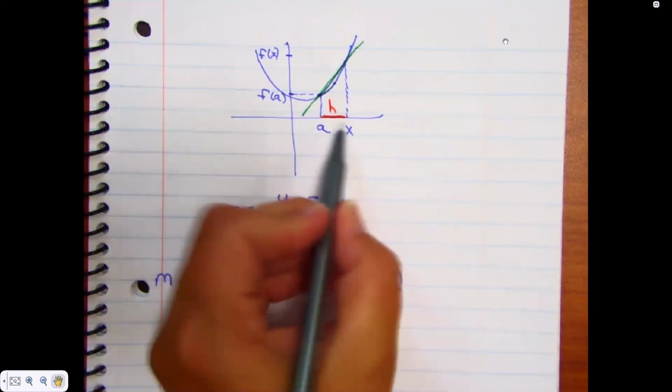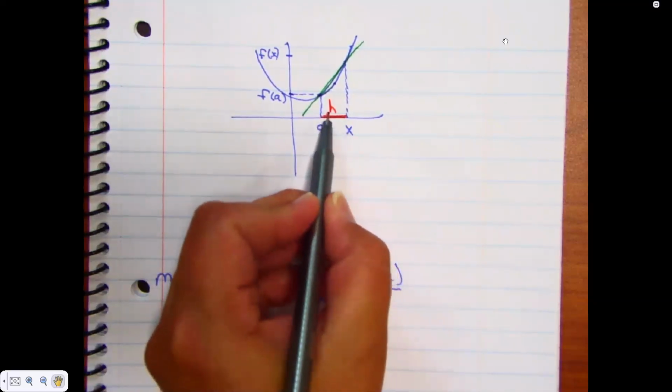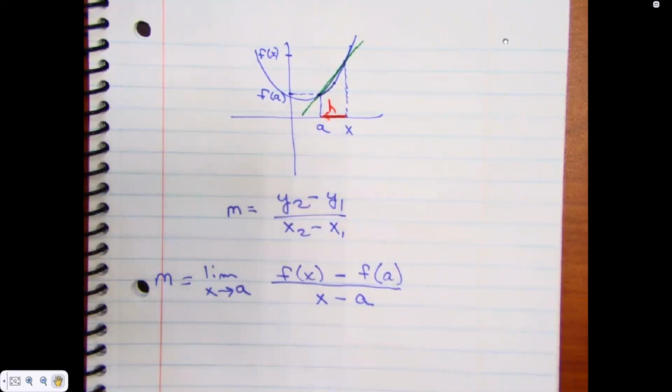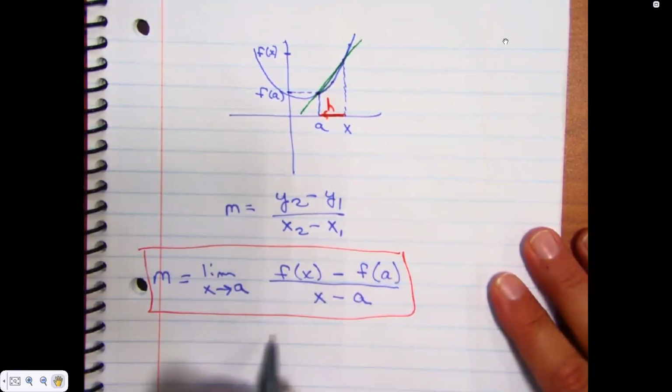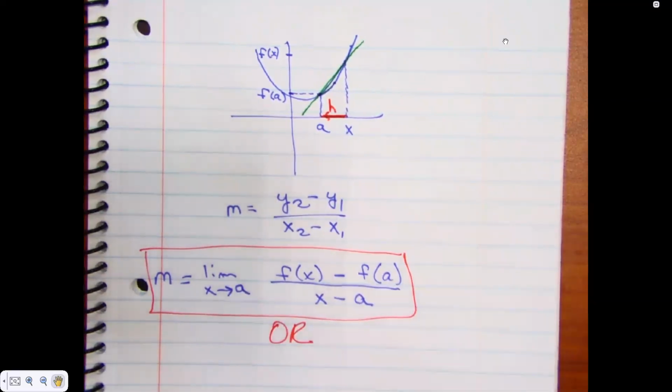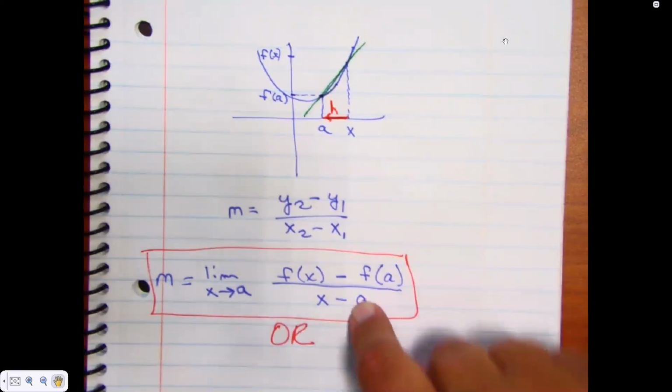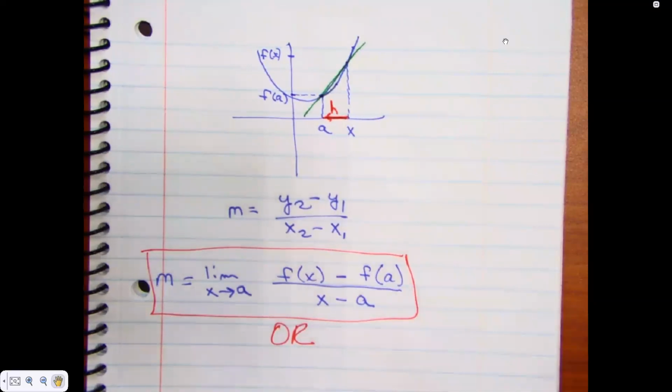If I'm moving this way, I want h to approach 0. Yeah, and 0 is a good number to work with. So you see how they kind of like this other one? This is a good one, but we're going to use this other one too. Every book uses it. Like I said, for the easier ones, we probably could get away with this, but the harder ones, they like this one better.